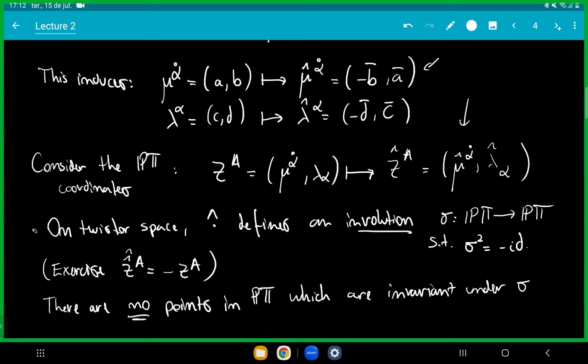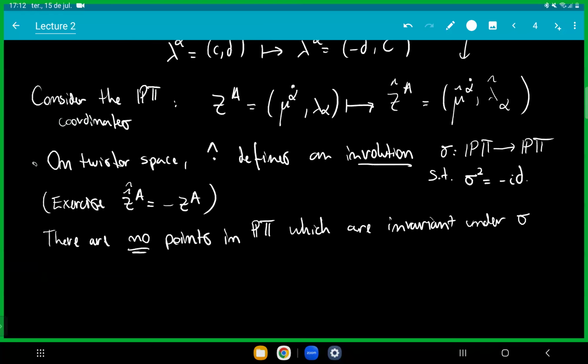I applied it twice and get a minus sign. I don't have any points in this space that are invariant under this, because we cannot get the same thing.